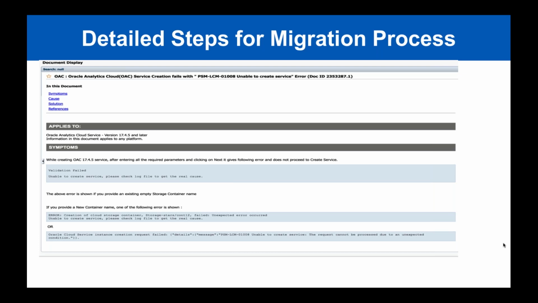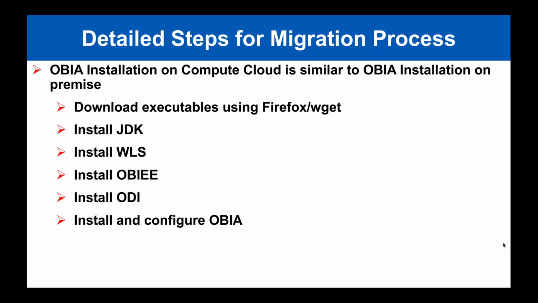So once all the services are created, you start with the installation of OBIA on Compute Cloud. Now the installation of OBIA on Compute Cloud is very similar to OBIA installation on premise. If you have someone who does that, hold them responsible for this as well.